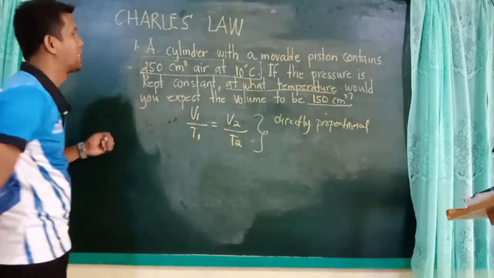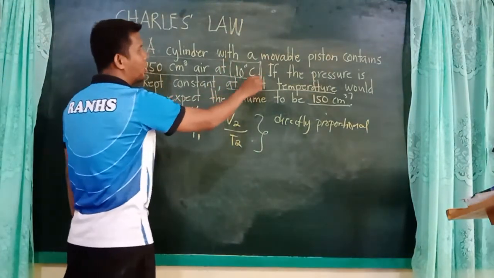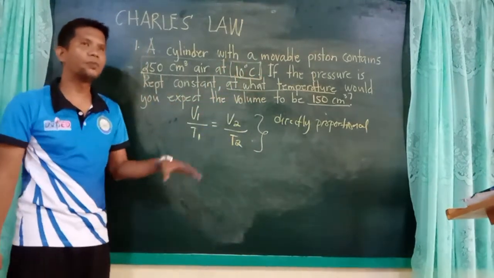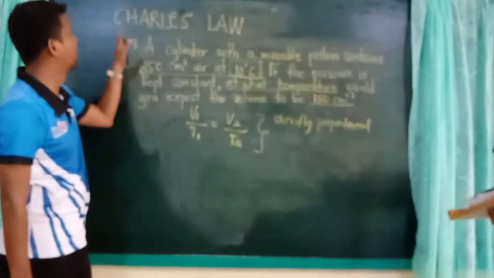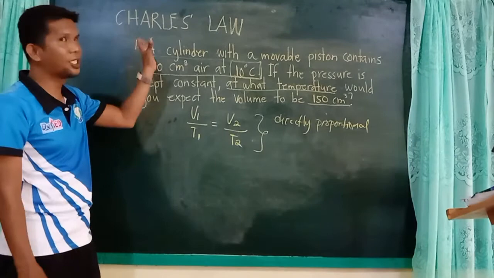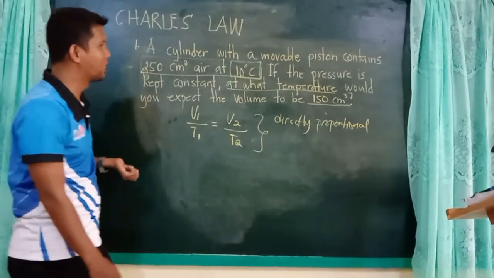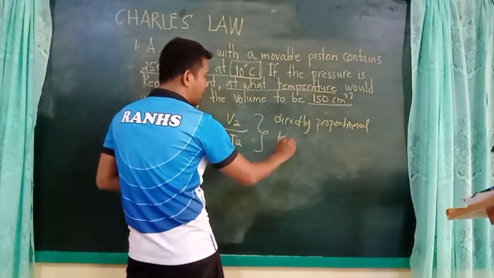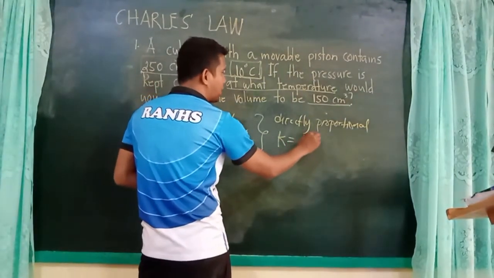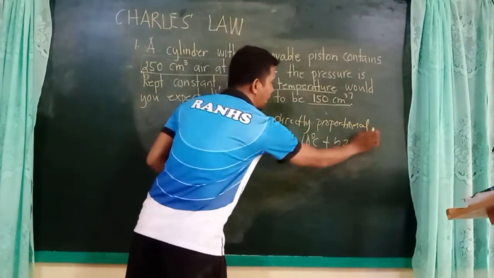Let's observe. Now, before we solve this problem, we need to convert first our degrees Celsius into Kelvin, because Charles' law follows the unit Kelvin. So, Kelvin is equal to 10 degrees Celsius plus 273.15.